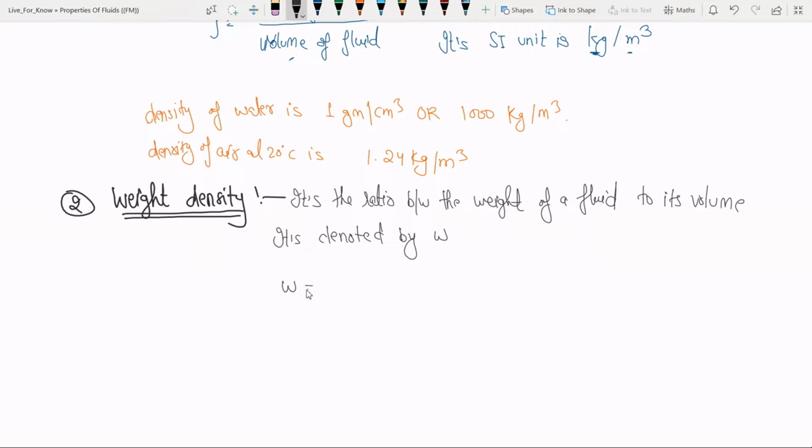So w is equal to weight of fluid by volume of fluid.